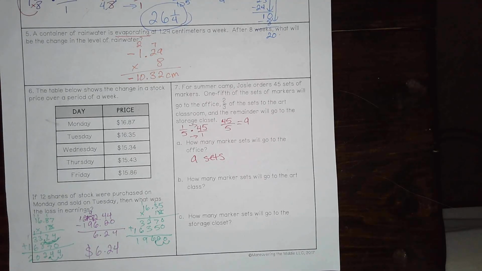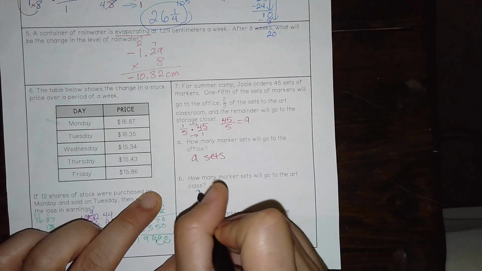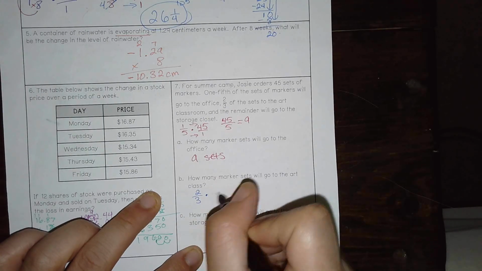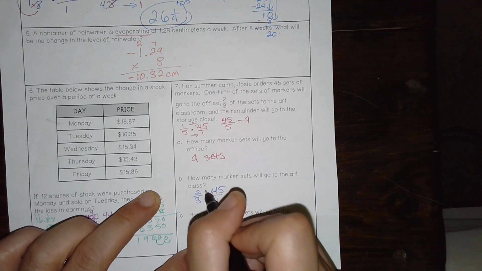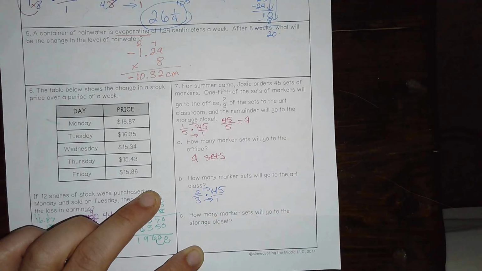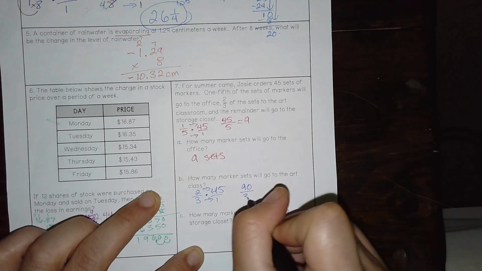2/3 of the 45 are going to go to the art room. Okay, fine, we can do that too. They're saying that 2/3 will go to the art room. Okay, that's over 1. If we multiply, we're going to get, what's 45 twice? What, 90? 90 over 3.